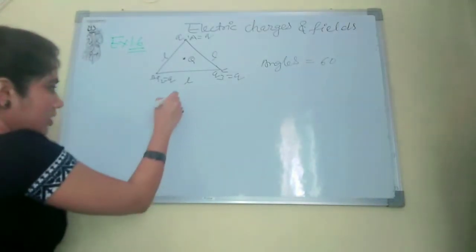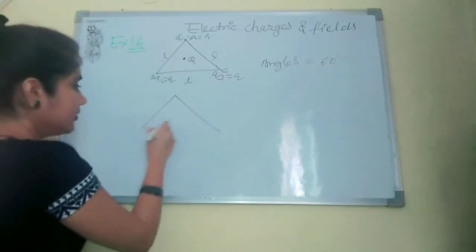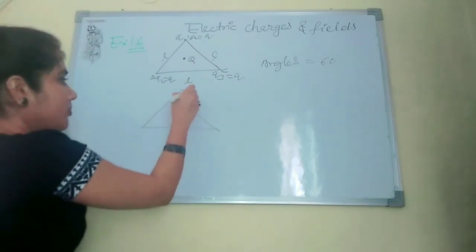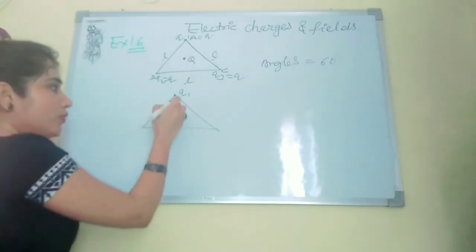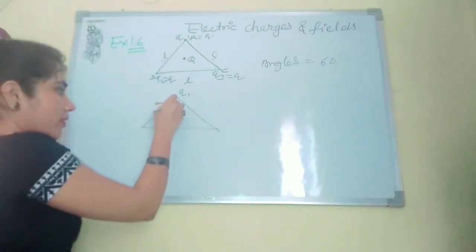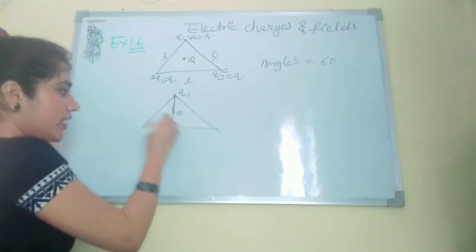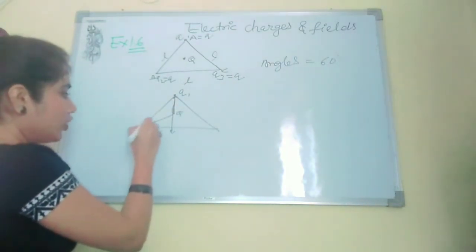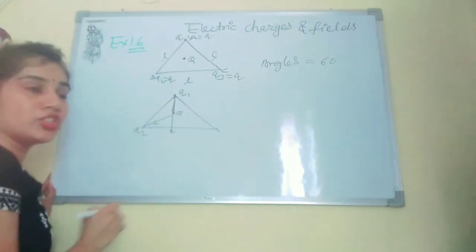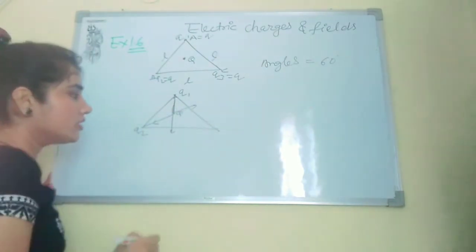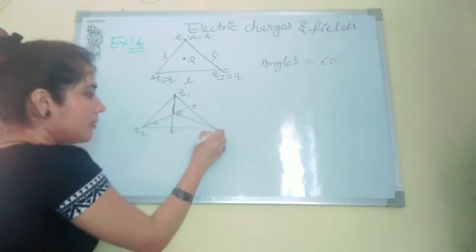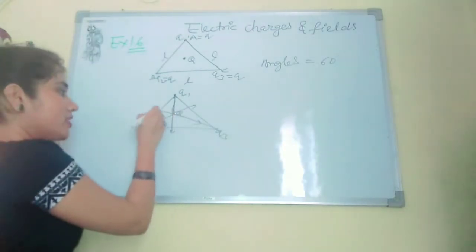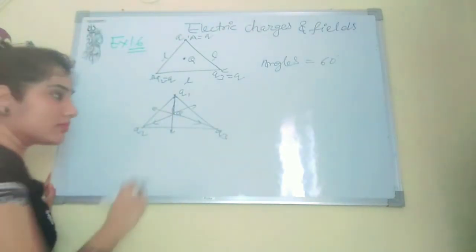So simply see here, this is the triangle, this is the center point, and the force applied because of Q1 on Q will act in this direction. The force applied by Q2 on this capital Q will act in this direction, and the force applied by Q3 on capital Q will act in this direction, right?